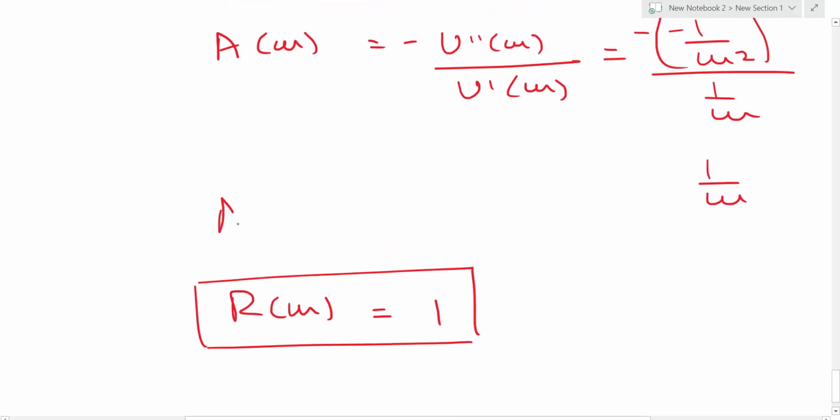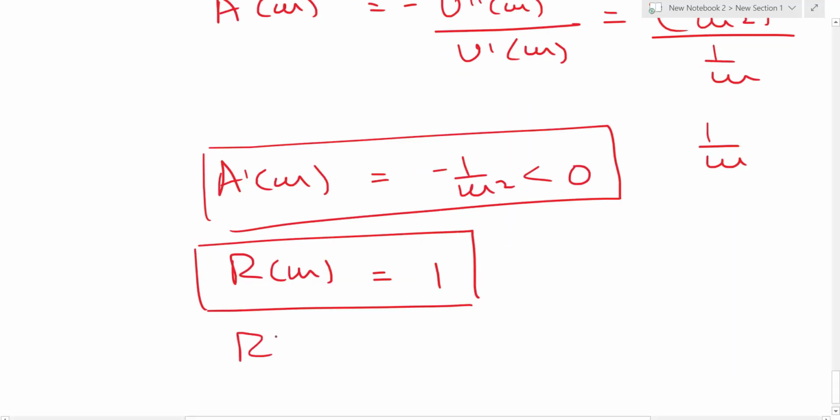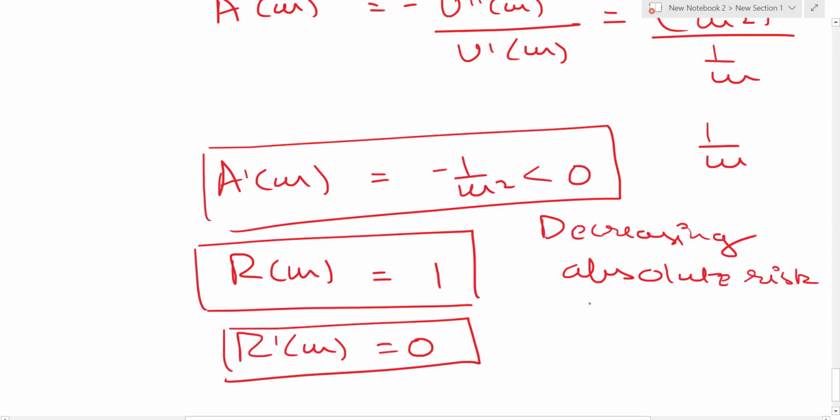And if I see a dash w, this will turn out to be minus 1 upon w square, which will be negative, which means that we have got a decreasing absolute risk aversion, and r dash w is equal to 0, which means you have a constant relative risk aversion. So I will write both. It's declining or decreasing absolute risk aversion, which is something very logical.